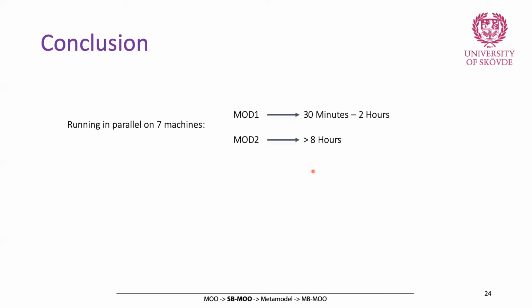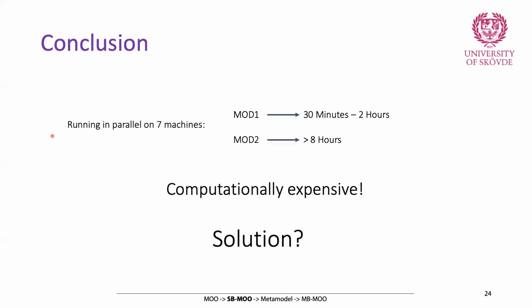So this is very computationally expensive, and it might not be practical in the real world. If a company asks you to do this study, you cannot ask them to give you one month so you can run the simulations. So what's the solution for this? We'll come to the solution later on.